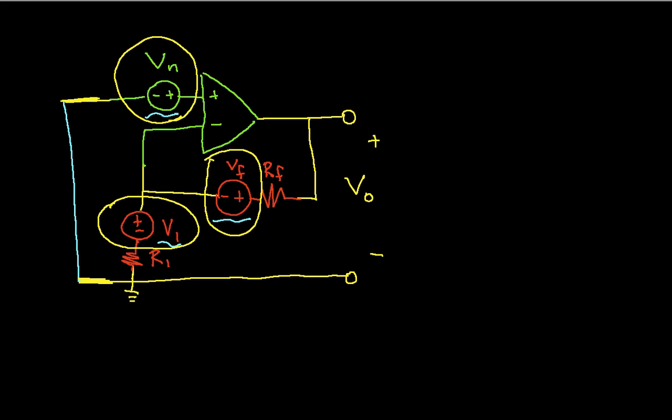And then to get the actual RMS output noise voltage, we took the output noises due to each of these three different sources, squared them first, added them up, and then took the square root. And that gives us the RMS value of the output noise voltage.